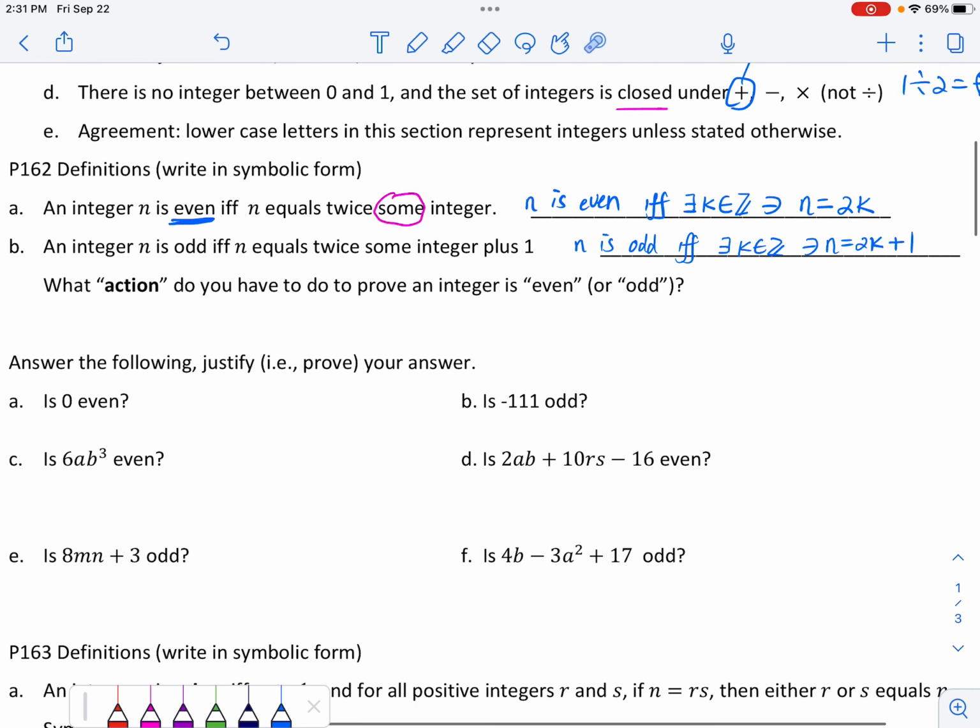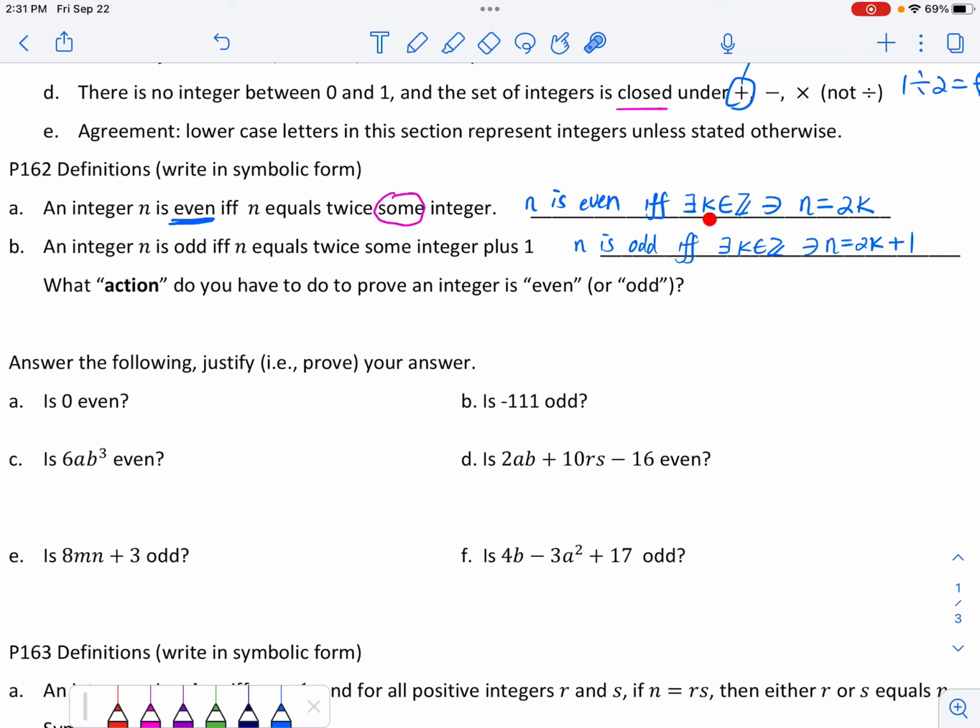Now after we translate this into the symbolic form, the next question I would like to ask is, what action do you have to do to prove a given integer is even or odd? So how do you prove if a given integer is odd or even? You look at this definition, right? You read through it. It says there exists k.